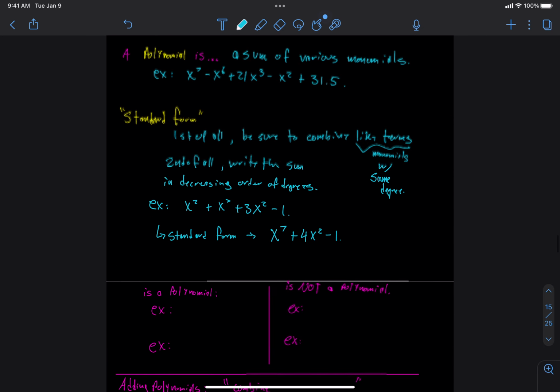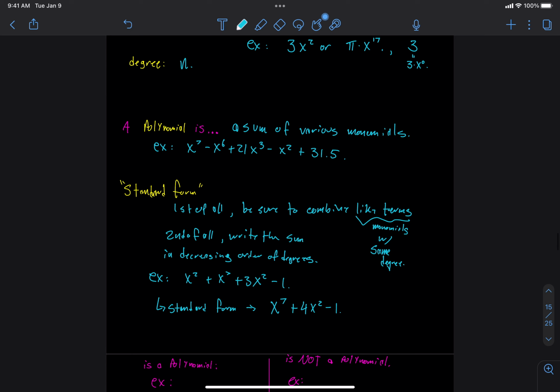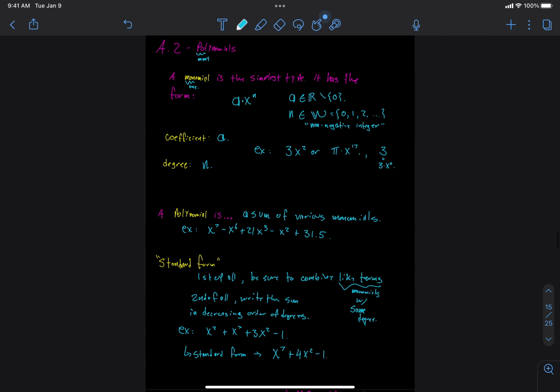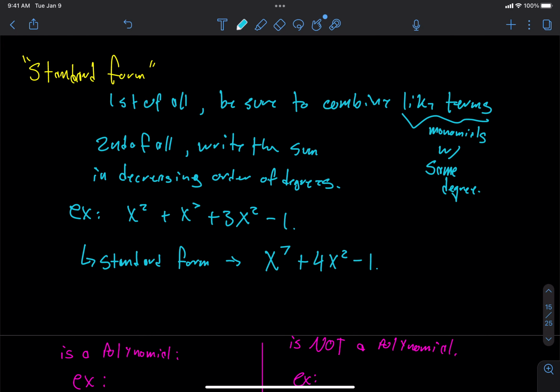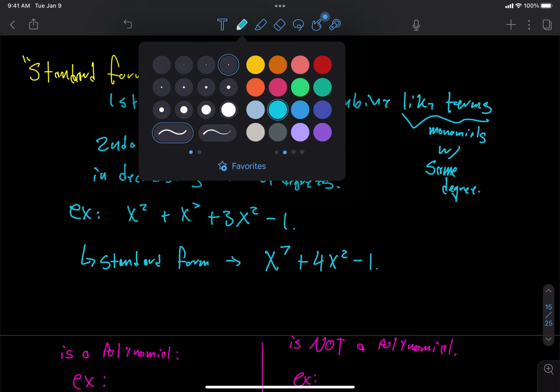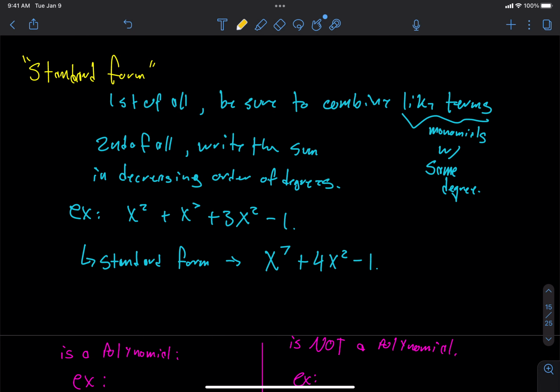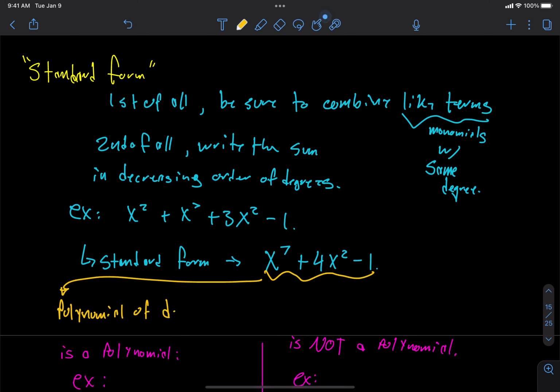All right. Any questions on the definition of a monomial and a polynomial, as well as coefficients and degrees? Okay, so by the way, the terminology we would use to describe this polynomial, we would say that this is a polynomial of degree 7.